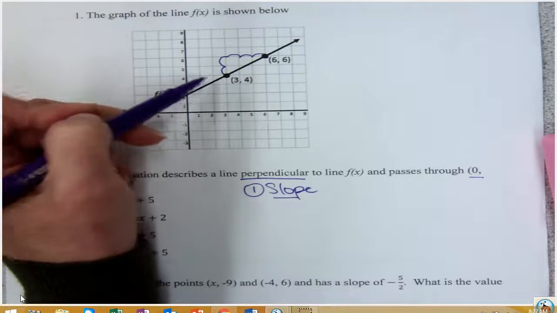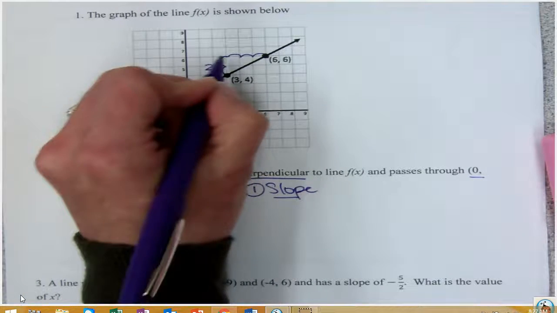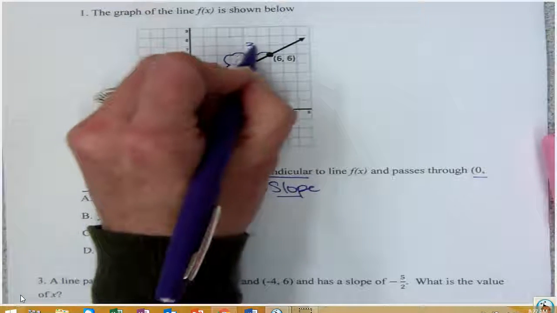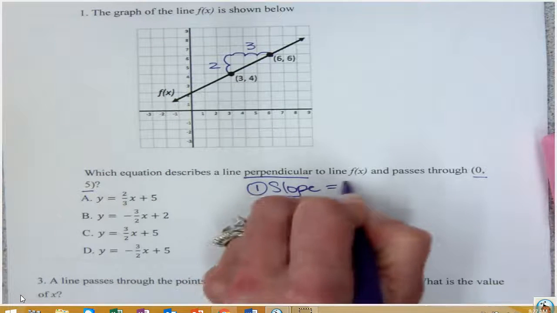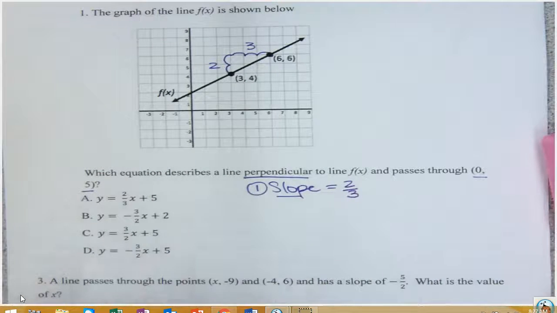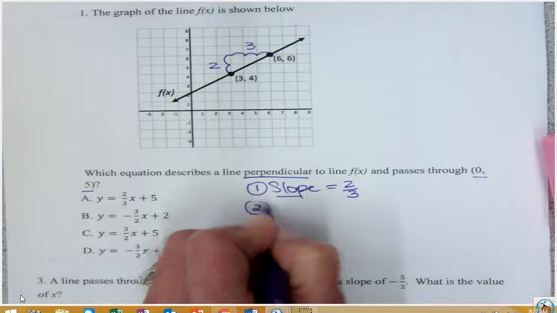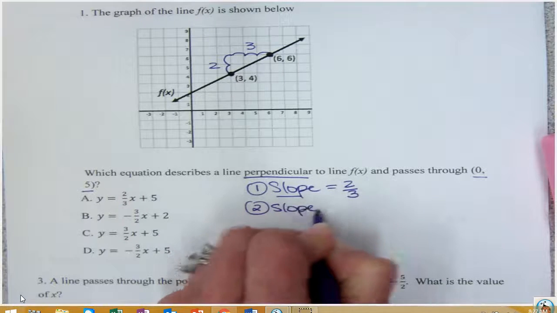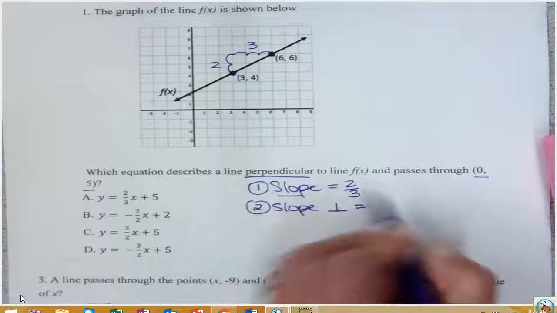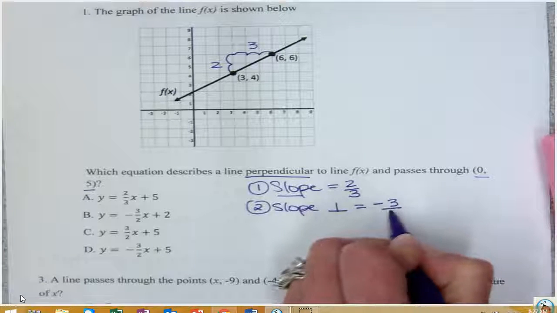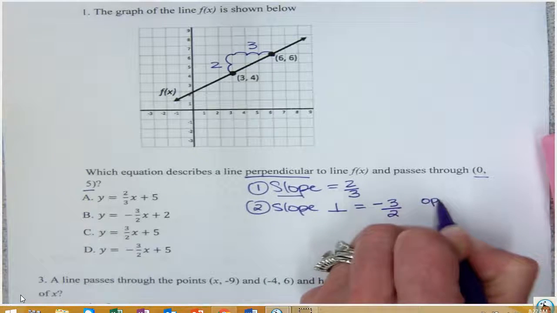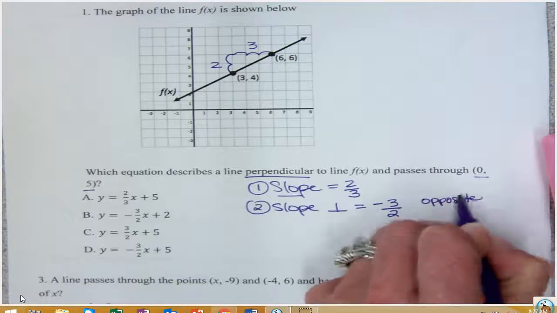So we go up 2 and over 3. So your slope is 2/3. So the slope of a perpendicular line would be negative 3/2. Opposite reciprocal.